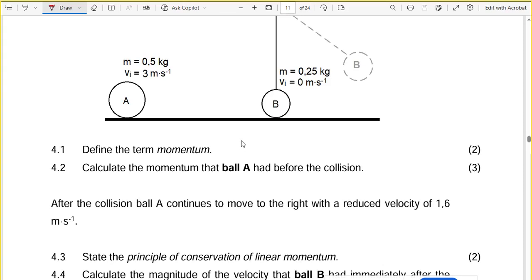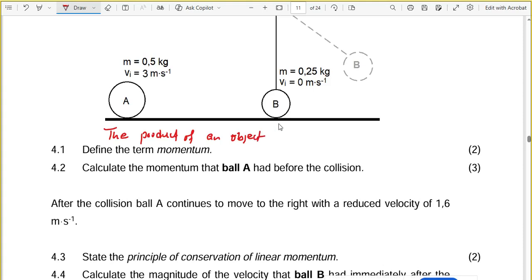And we said momentum is the product of an object's mass and its velocity.